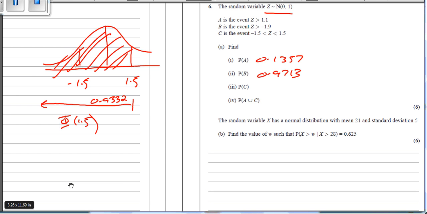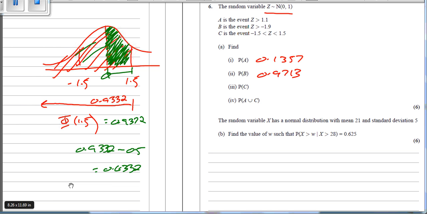But what we can do is work out what this bit is here by taking away 0.5, which is the rest of that there. So 0.9332 take away 0.5 equals 0.4332, which is just our green shaded bit here. So that's in between 0 and 1.5.